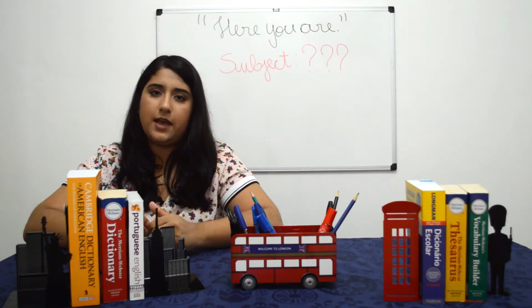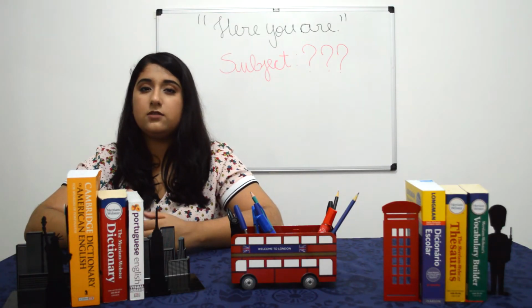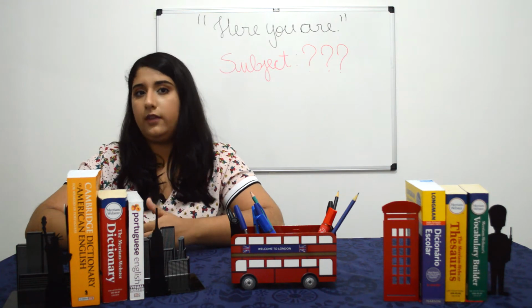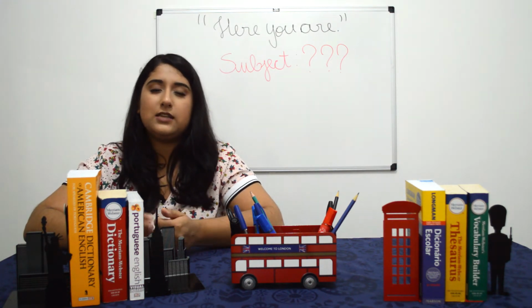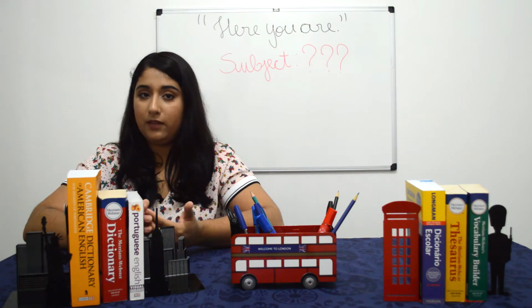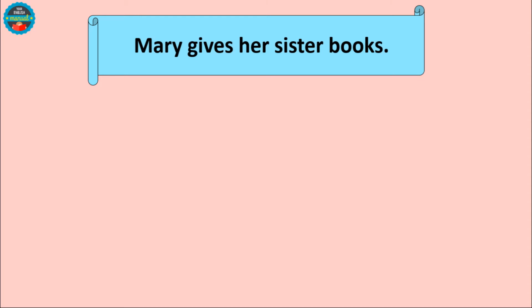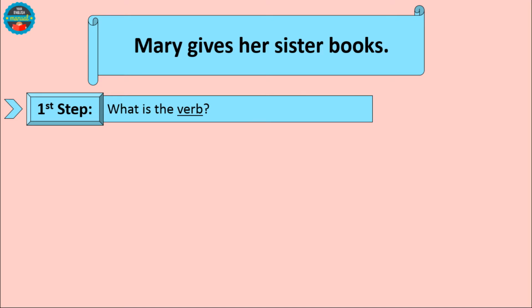In English, sometimes some verbs affect indirectly another person or thing. In other words, someone ends up receiving something. Let's see an example. If I say, Mary gives her sister books. Let's go. First step, what is the verb? To give.